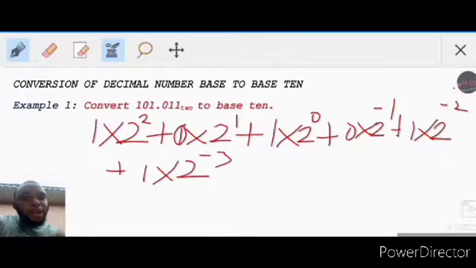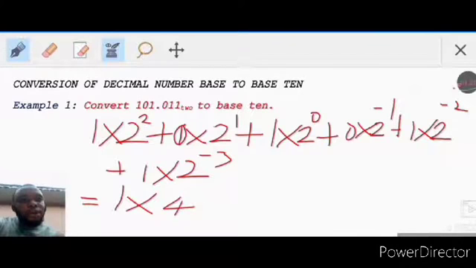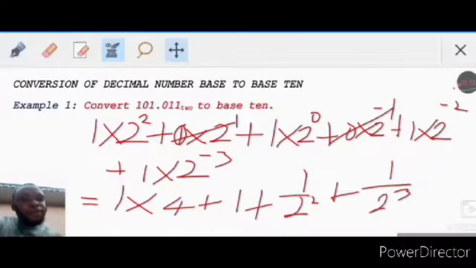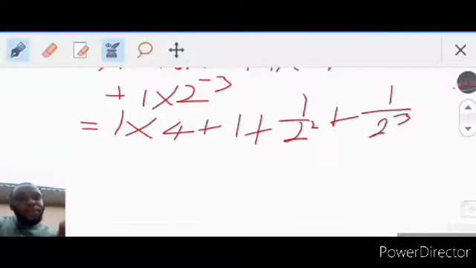Equals 1 times 4, plus the 0 term is gone, plus 1, plus this is gone, plus 1 over 2 raised to power 2, plus 1 over 2 raised to power 3, which will give us 5 plus 1 over 4 plus 1 over 8.